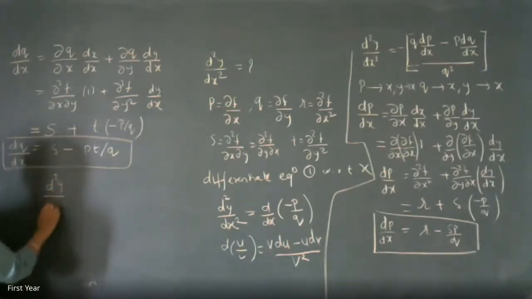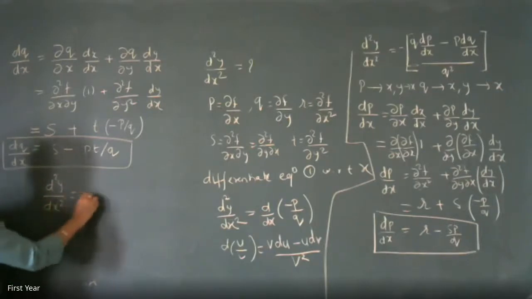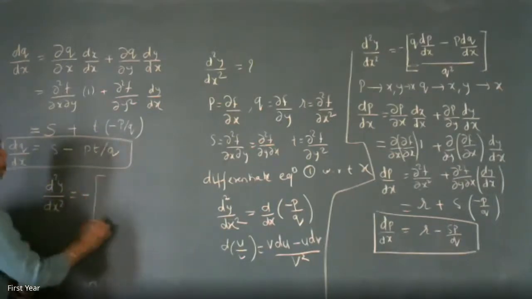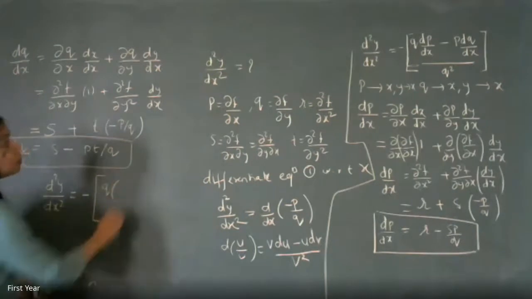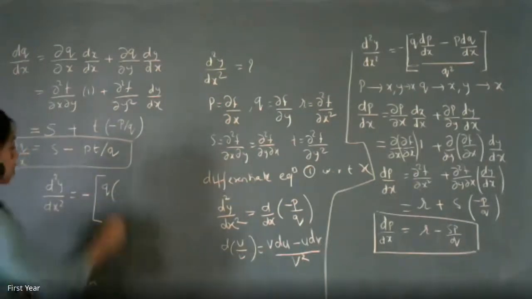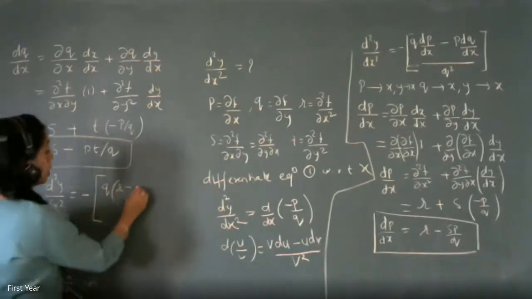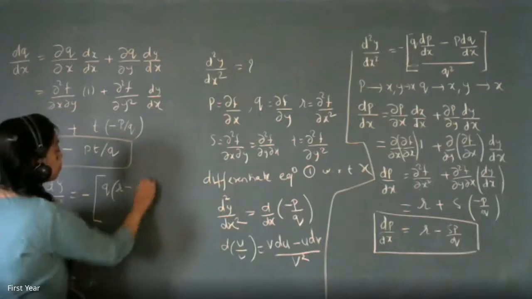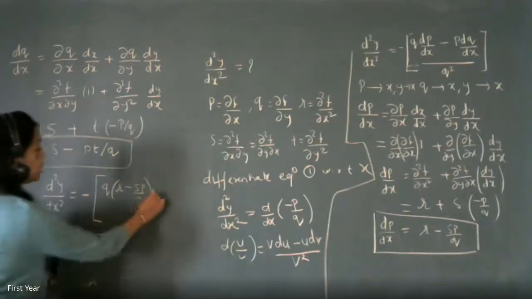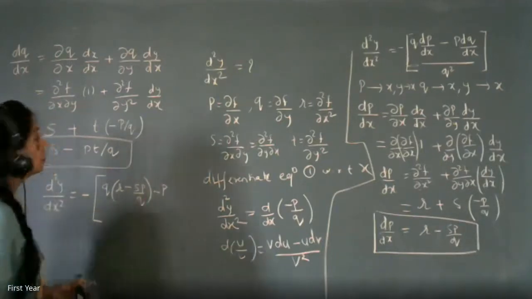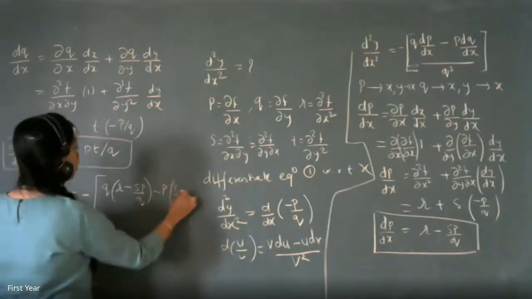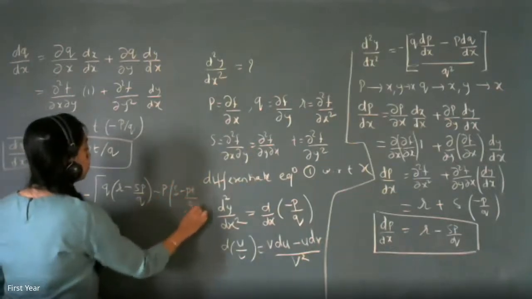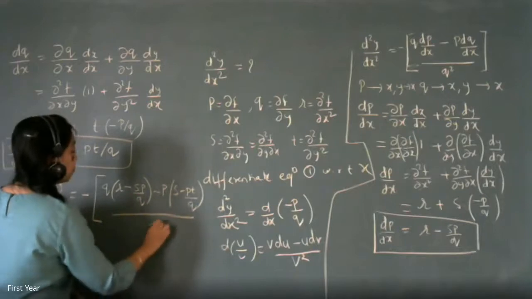I have to just substitute now. d2y by dx square is minus sign outside, q into dp by dx, which is (r minus sp by q), minus p into (s minus pt by q), divided by q square.